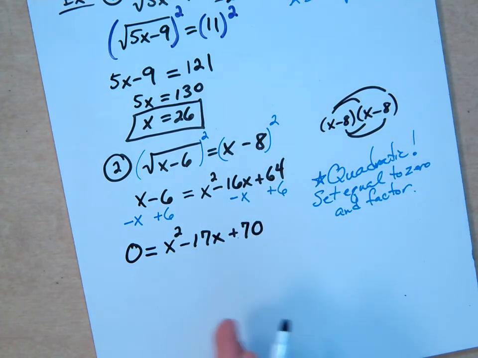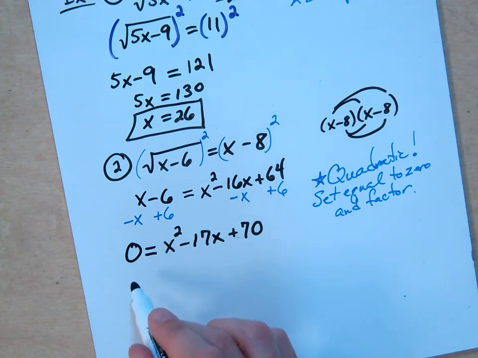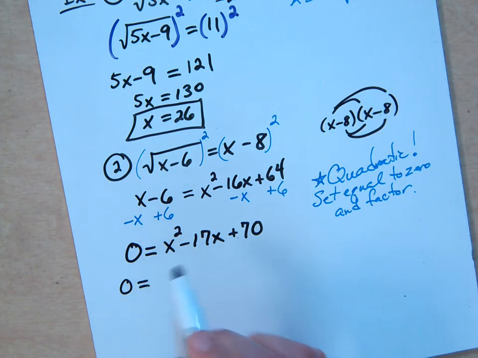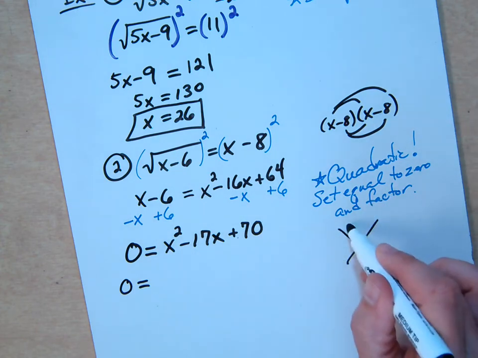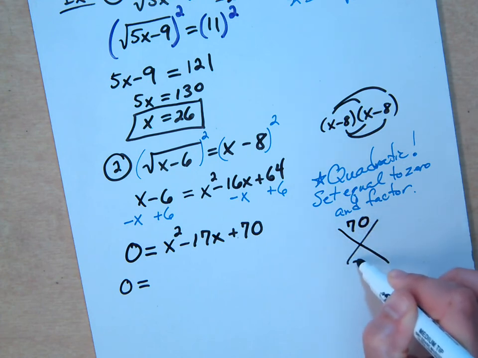So that's quadratic in standard form. It's equal to 0. To review factoring on this, since there's no leading coefficient that's not a 1, we can do the shortcut. We just say what multiplies to 70 and adds to negative 17.